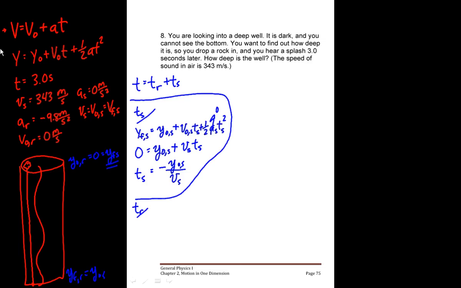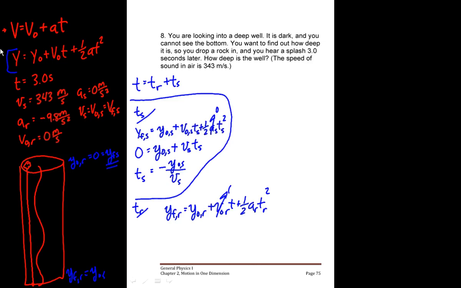All right, so I have y final for the rock. This is coming from this equation: y final for the rock equals y initial for the rock plus v naught r, the initial speed for the rock, times t plus 1/2 a_r t_r squared.